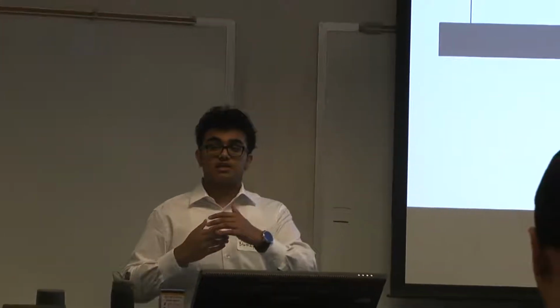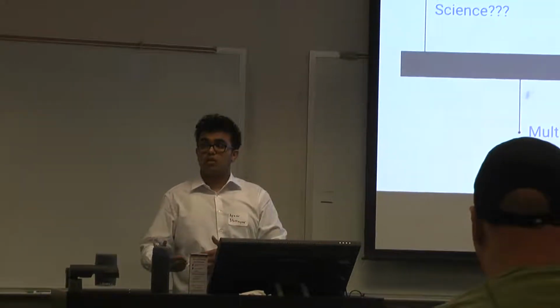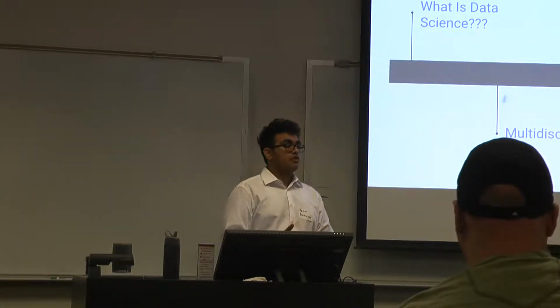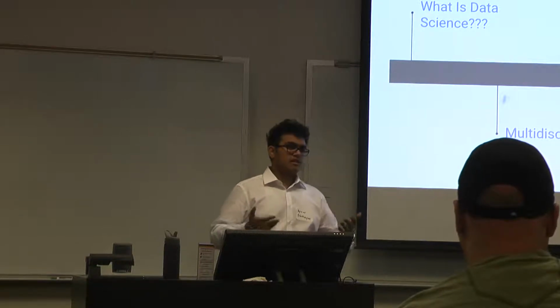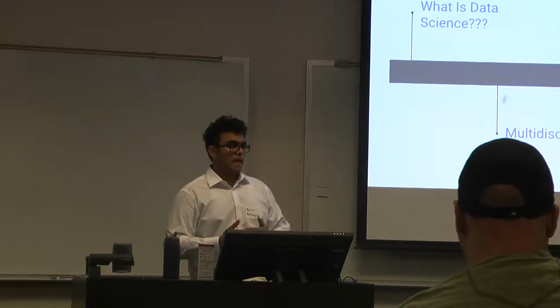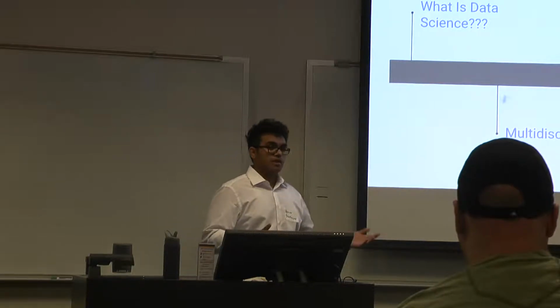Gotcha. So what we'll be discussing is, first I'll be giving you a general definition of what data science is, and then we're going to be talking about how data science is extremely multidisciplinary. There are a lot of different subsections that you must understand well in order to do data science. And then there are a lot of commonly misused phrases in data science, like big data, the idea of big data, and words like deep learning.